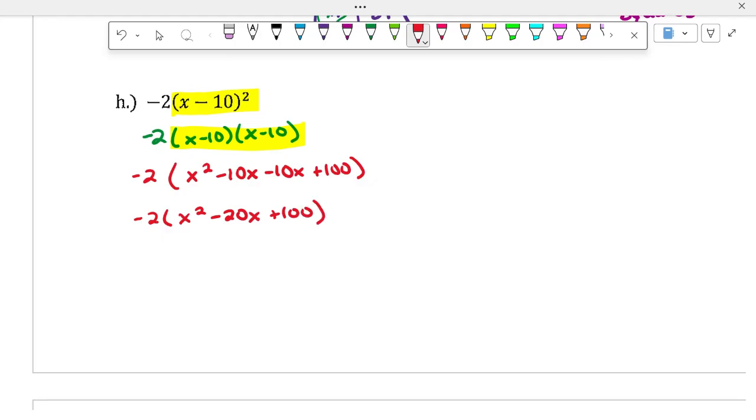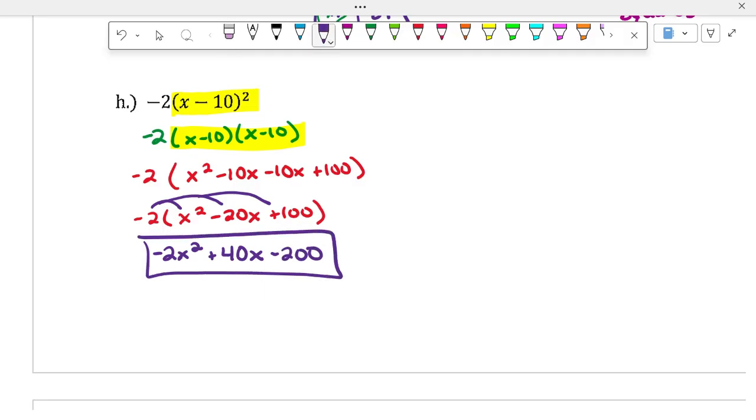Now, I'm not done because how do I finish this problem up? Distribute that negative 2. So negative 2 times x squared is negative 2x squared. Negative 2 times negative 20x, positive 40x. And then negative 2 times 100, negative 200.